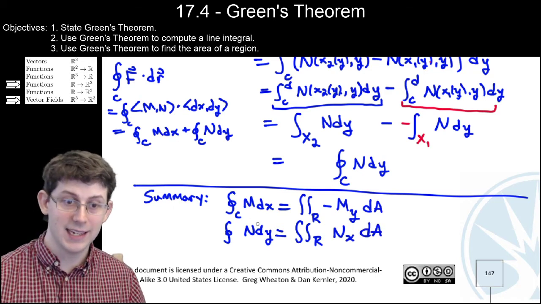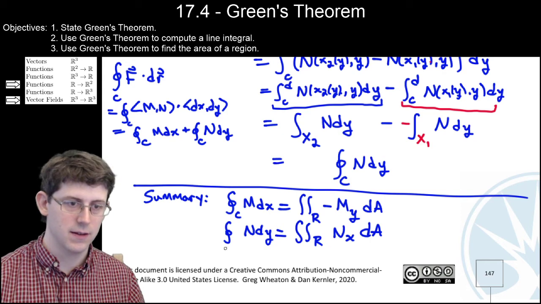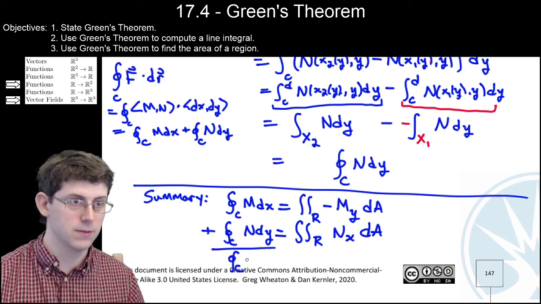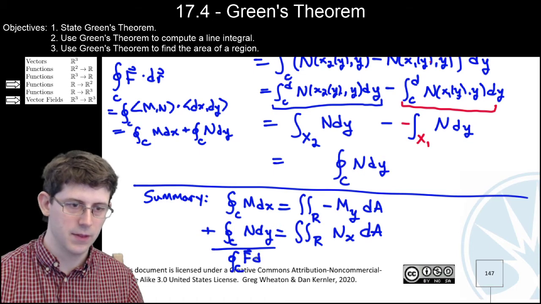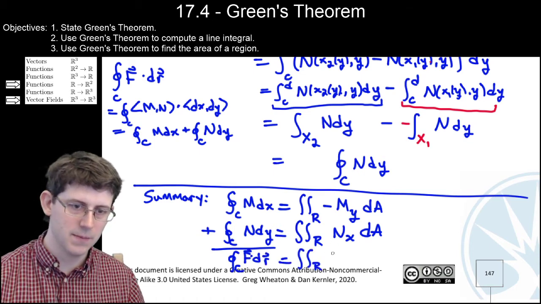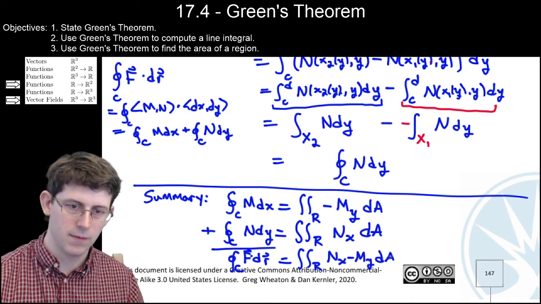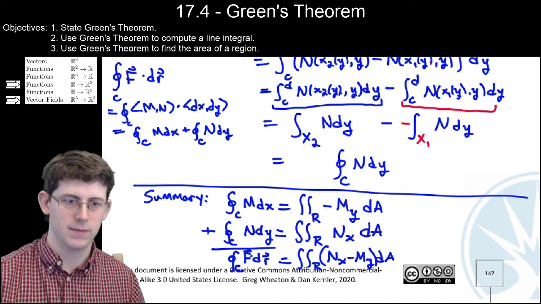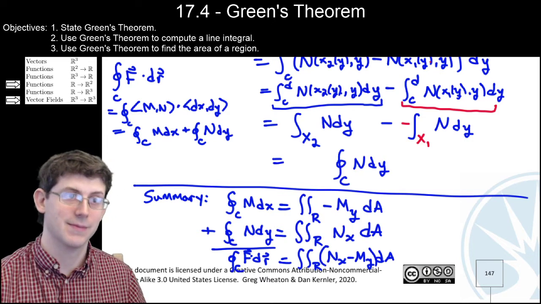So when you add together both sides of this equation, the left side adds up to the left side of Green's theorem, and the right side adds up to the right side of Green's theorem. It's kind of awesome.